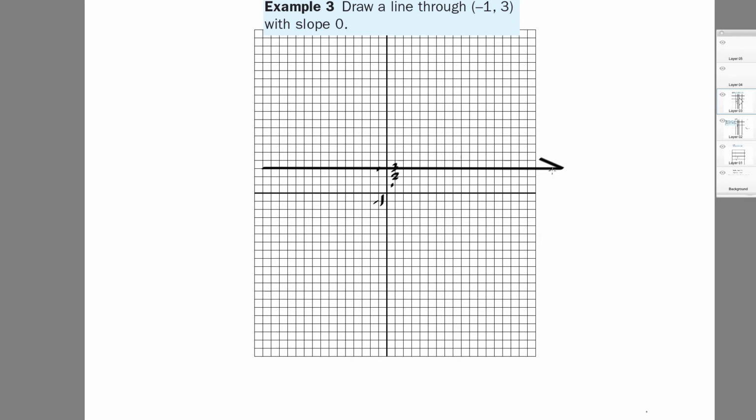We'll put some arrows on the end. And we've done it. We've drawn a line through -1, 3 with a slope of 0. Well, what would happen in this one if we were asked to, let's say, draw a line through, let's pick 5, 2 with an undefined slope?